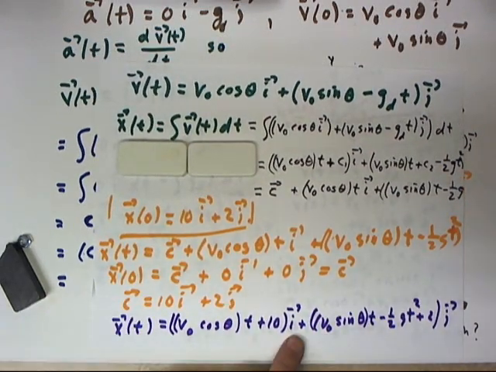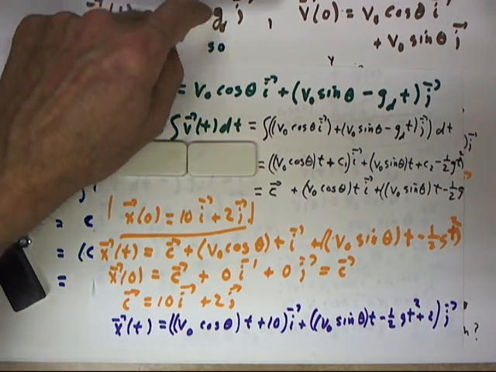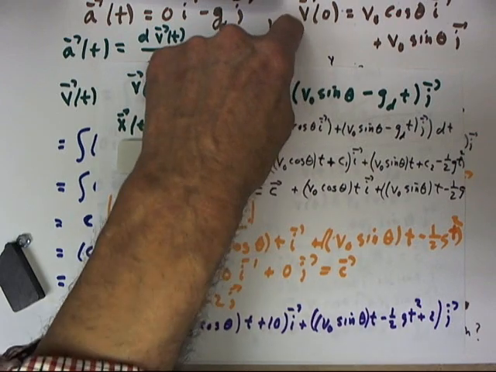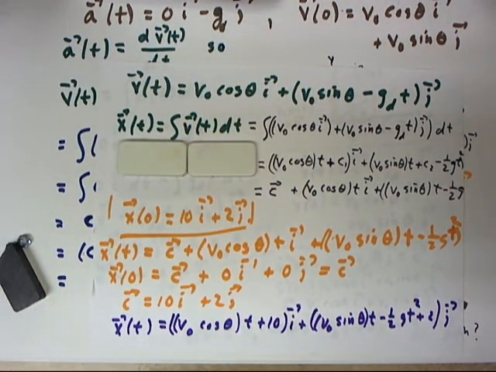So this function satisfies our original constant acceleration with our assumed initial velocity and our assumed initial position.